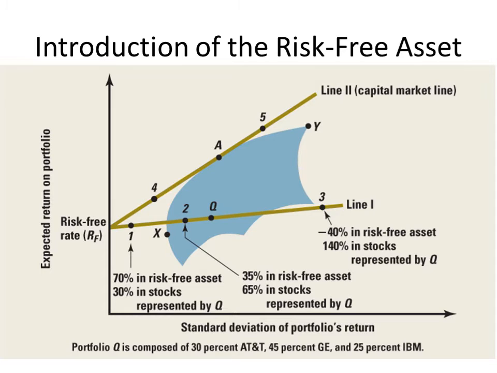Now, there's something very special about the place where it touches. We refer to it as the market portfolio. In theory, it contains every single risky asset known to man, held in weight according to its importance in the economy.